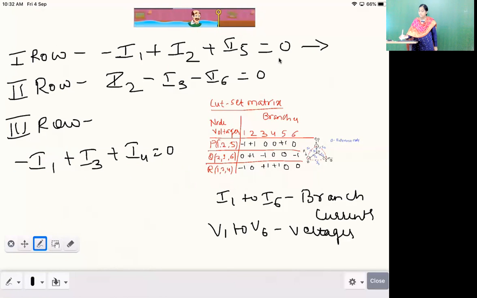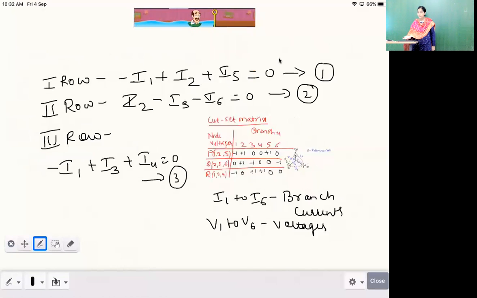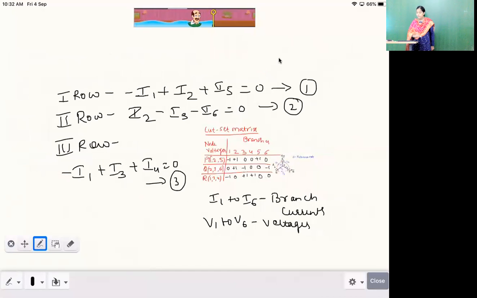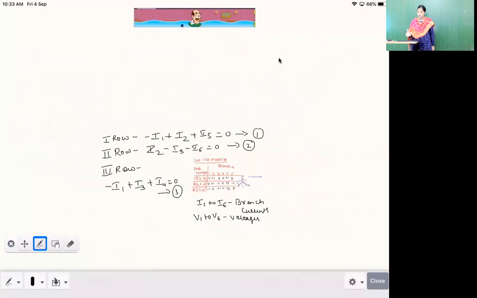Let us call these equation number 1, equation number 2 and equation number 3. Now, row wise, I get the equations for branch currents. Now I have to frame the relation between node voltages and the branch voltages. For that I have to write column wise.